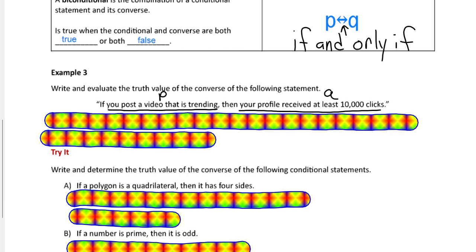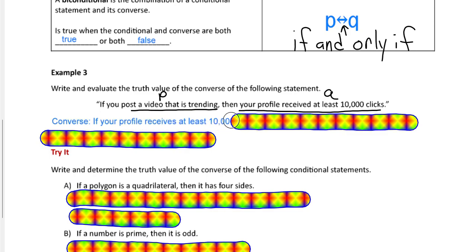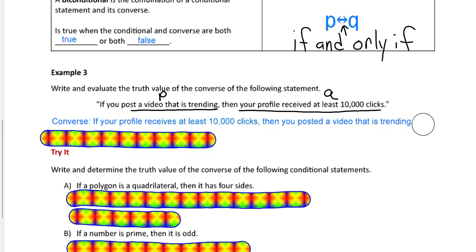So instead of saying if you post a video that is trending, we're going to say if the Q part, your profile received at least 10,000 clicks. So the converse is if your profile receives at least 10,000 clicks, then we can state the hypothesis. Then what did you do? You posted that video that is trending.